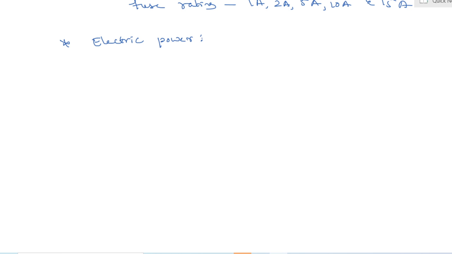Yes, it is defined as the amount of electric energy consumed in a circuit per unit time.